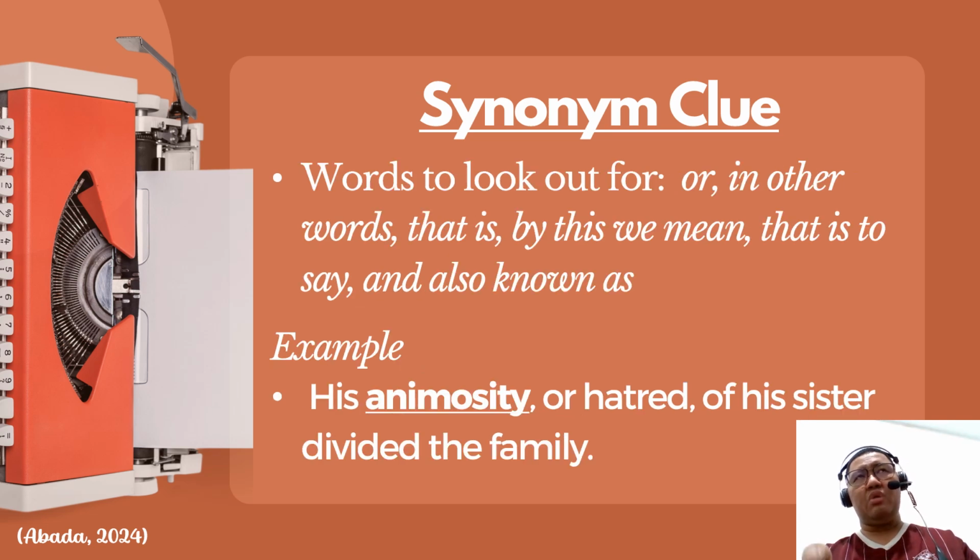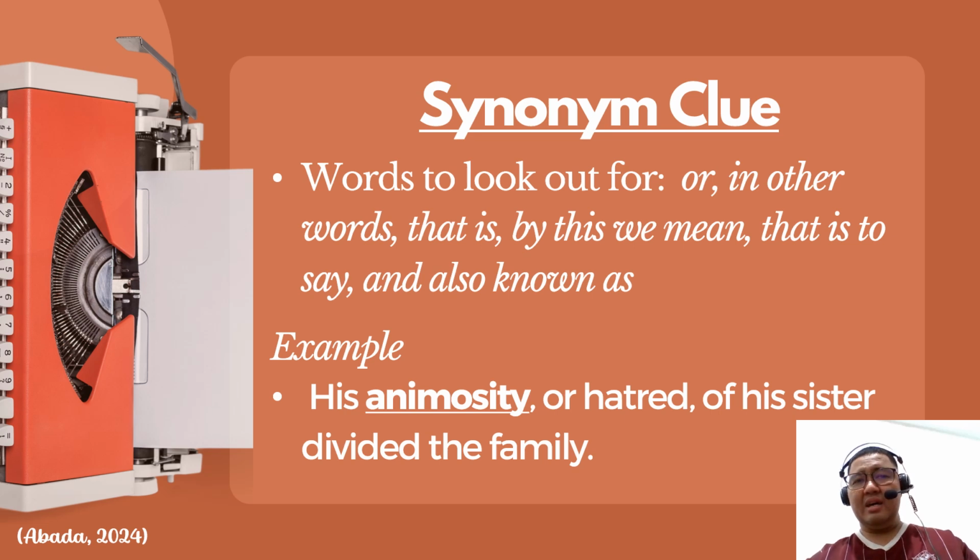If you are analyzing sentences and trying to identify synonym clues, there are a couple of words that you have to look out for. For example, the word or, in other words, that is, by this we mean, that is to say, and also known as. For example, his animosity or hatred of his sister divided the family.